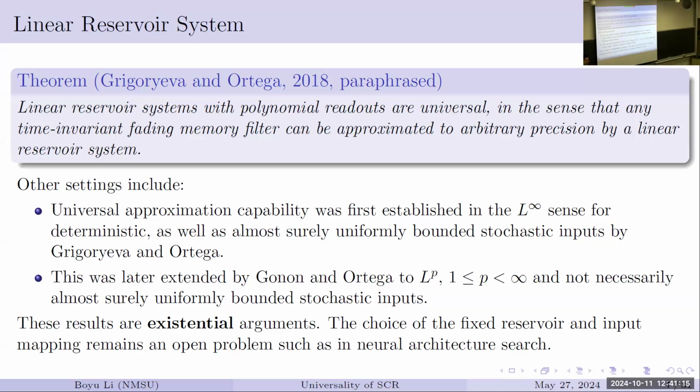So it turns out the linear reservoir systems are pretty much universal, meaning they can approximate anything. This is not a constructed result. You can approximate using several different ways. You can do it in the usual L2 norm or L infinity, and there's some LP approximation, those kinds of stuff. Their proof mostly uses a Stone-Weierstrass technique, so it's more like existence because certain things are dense.